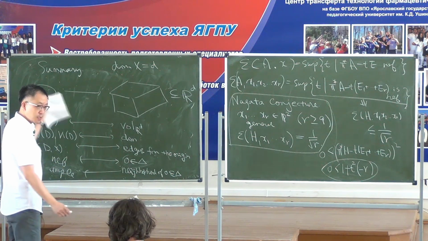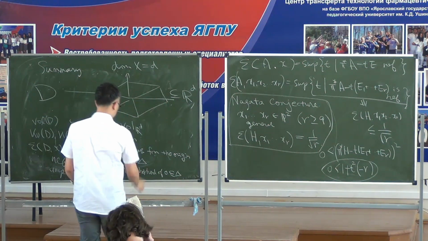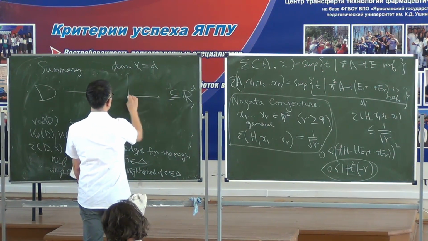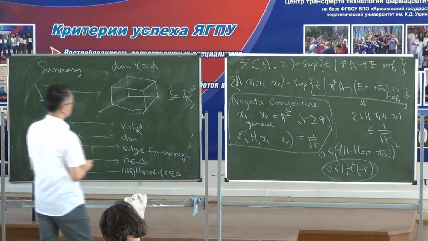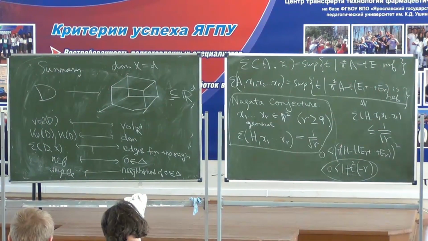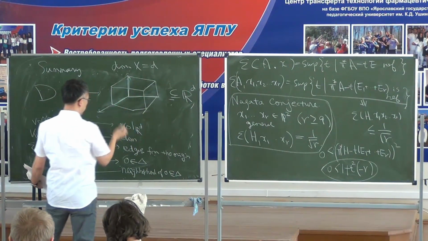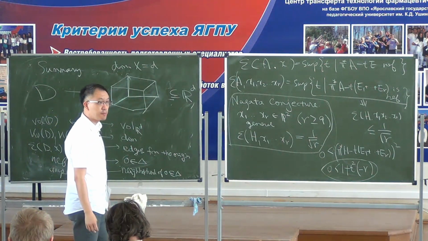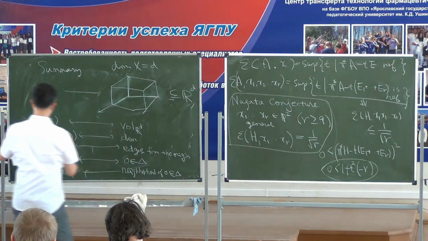And you can ask many other questions. For example, let's say this is your Okounkov body. So the edges mean this. They actually give you a lower bound and an upper bound. And the whole volume corresponds to this.